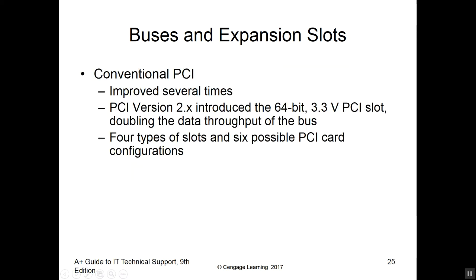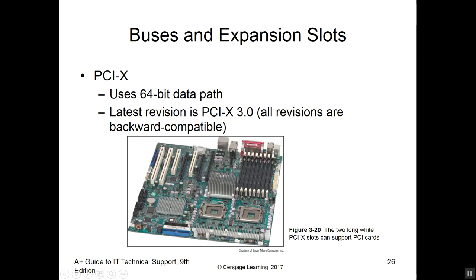All right. So PCI-X uses a 64-bit data path. The latest version is PCI-X 3, and 4 is on its way. You'll see the two long white slots to the far left are the PCI-X slots, and they can support PCI cards.